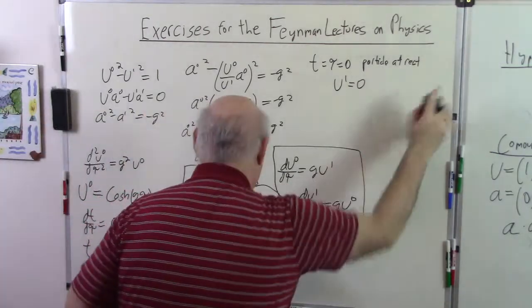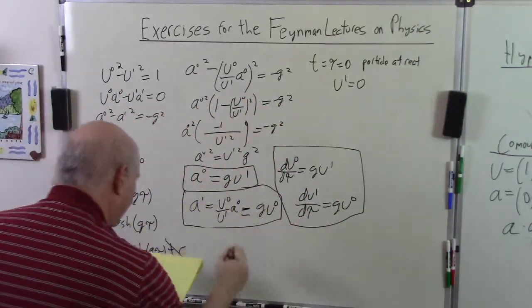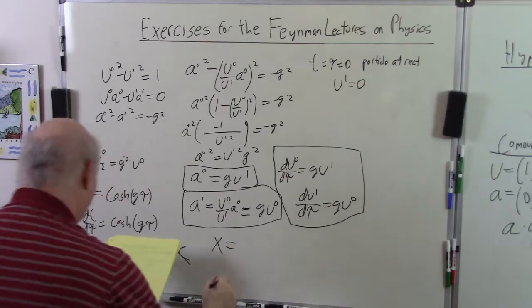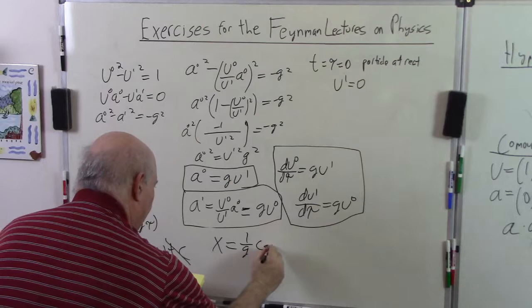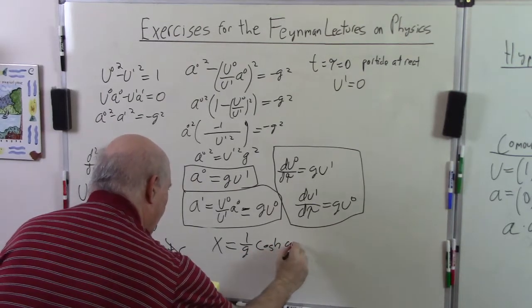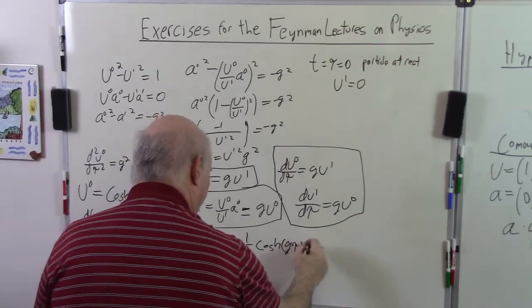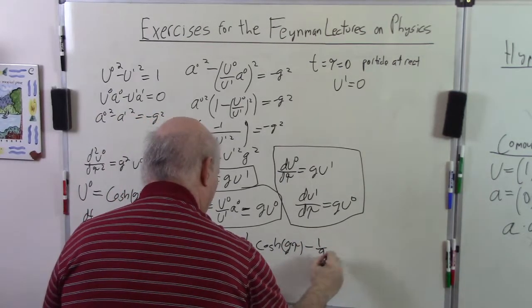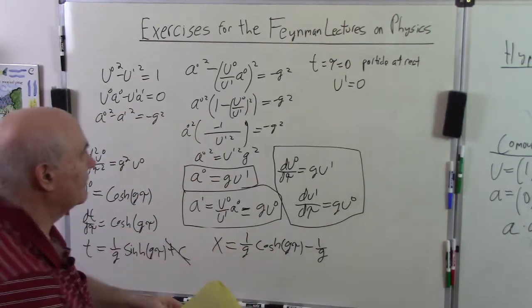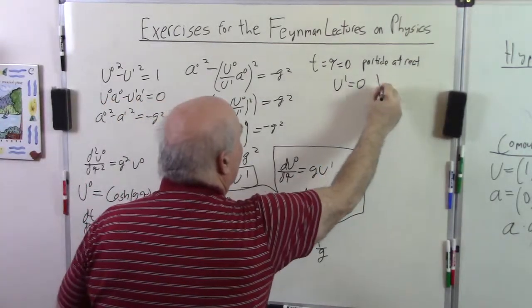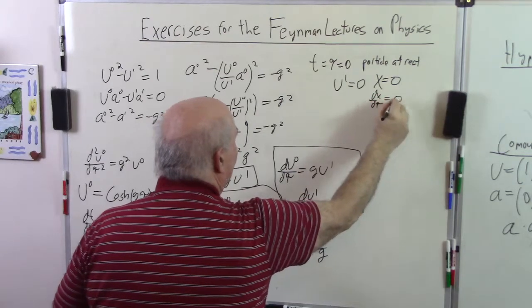Using the other differential equation will eventually lead to x equals 1 over G hyperbolic cosine Gτ plus a constant, and that constant is going to be minus 1 over G. Because when τ is 0, this is 1, and we want x equals 0 and dx/dτ equals 0.